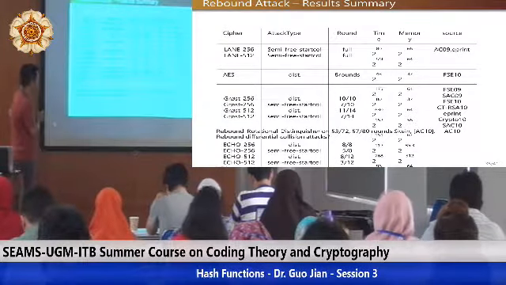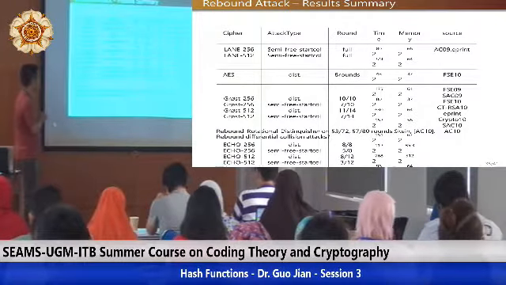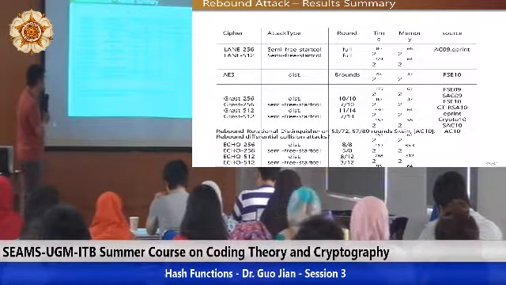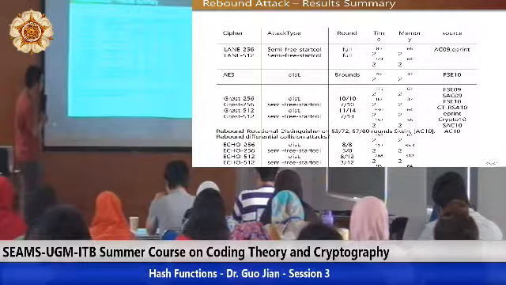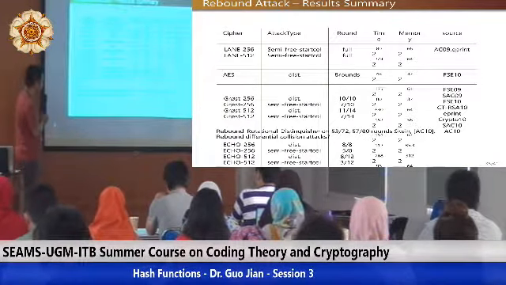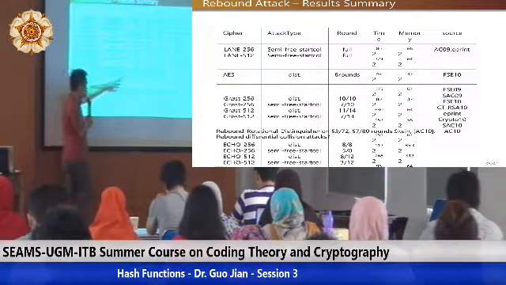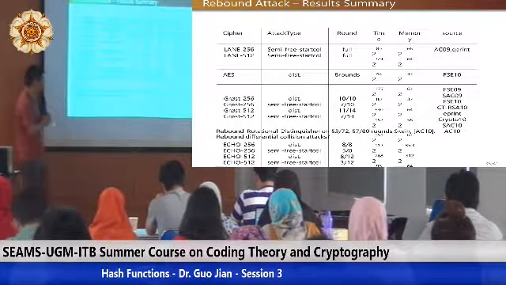Grøstl was a final round candidate. There's a distinguisher for the full version. And ECHO is a round 2 candidate. So there's a full round distinguisher for 8 out of 8 rounds. JH can be distinguished, but only up to 16 out of 35.5 rounds.